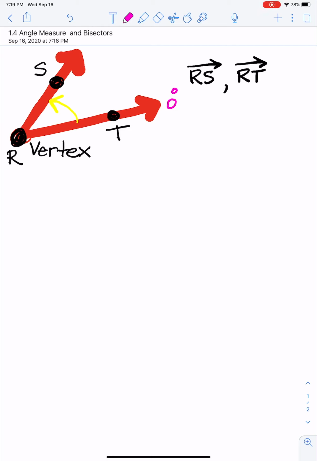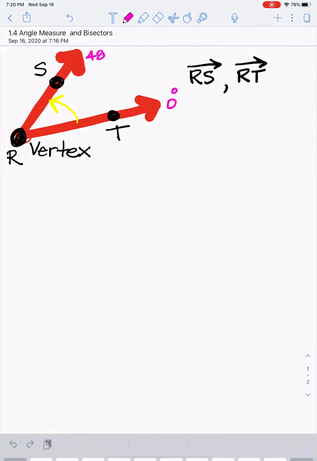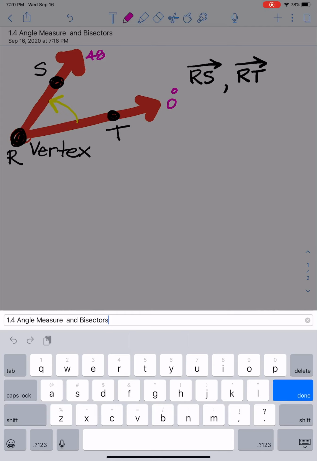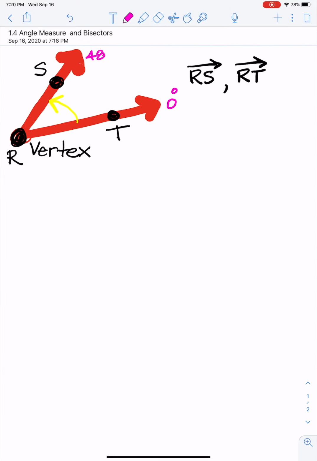It kind of looks to me like it could be maybe 48 degrees. But that measurement comes from going from 0 degrees here on the right up to 48 degrees up here as measured by protractor. And I'm just guesstimating that because that's hard to show on the iPad.